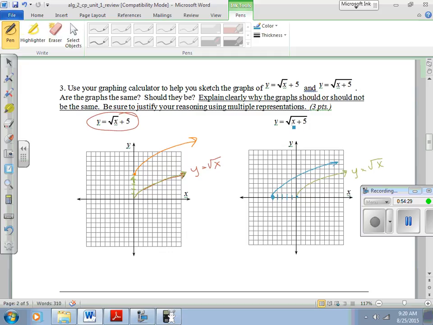You notice that this is inside the square root symbol? If you set that x plus 5 equal to 0, you get x equals -5. It's telling you shift it only to the left 5 units. If there would have been a number outside of here, plus or minus, that would have been up or down. Yeah?